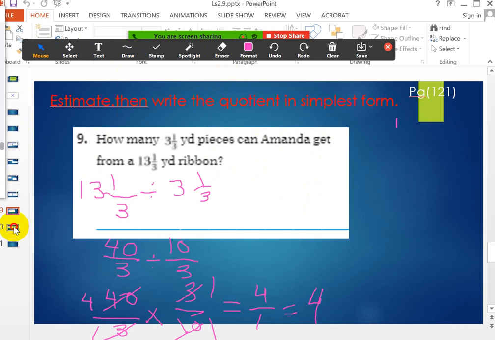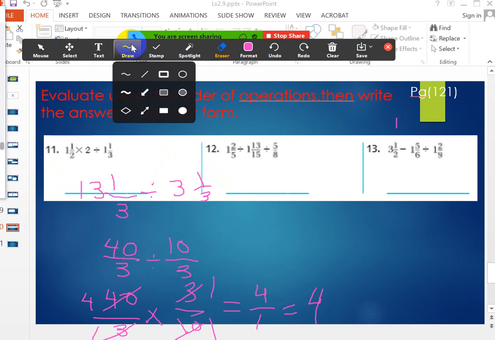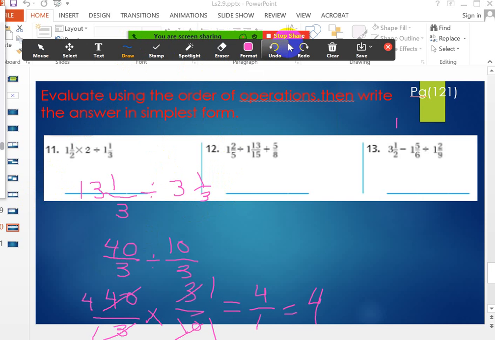Now we will move to the last and the most important thing. Evaluate using the order of operations. Then write the answer in the simplest form. How to find the answer after the order of operations? You remember that there is an order for operations in math, as we learned.